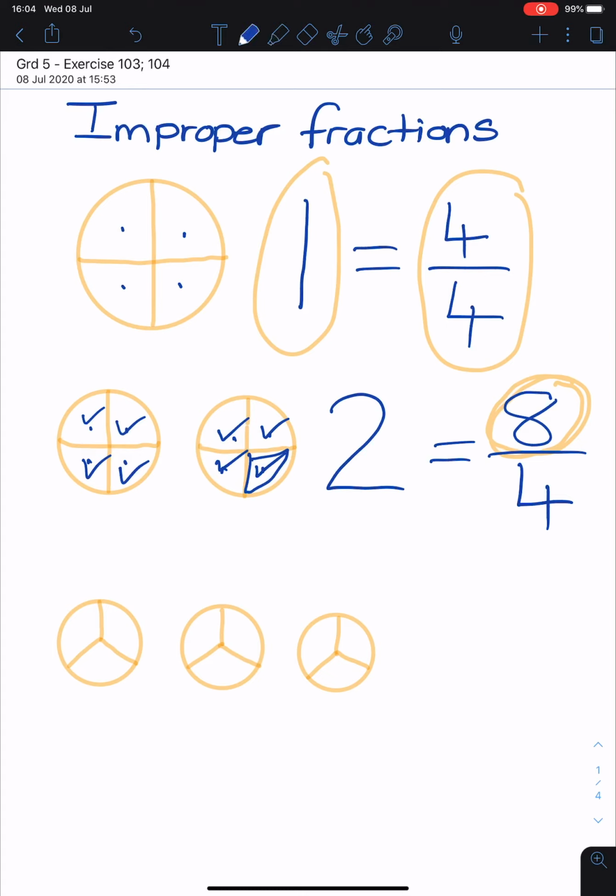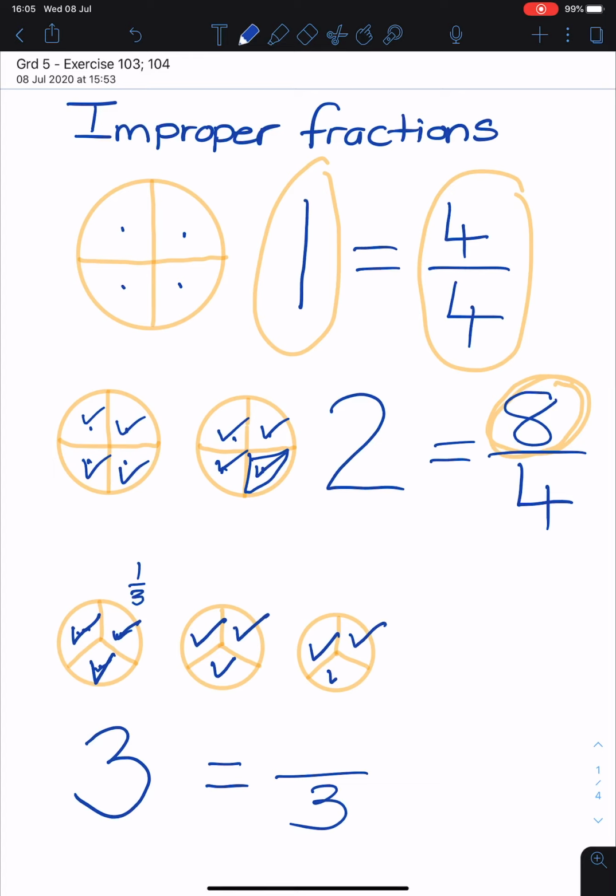Let's have a look at my last 3 pizzas. I have got 3 whole pizzas. What have I cut them into? 1, 2, 3. So each piece of the pizza is a third. So my denominator is going to be a 3 because these are all thirds. How many thirds do I have? 1, 2, 3, 4, 5, 6, 7, 8, 9.